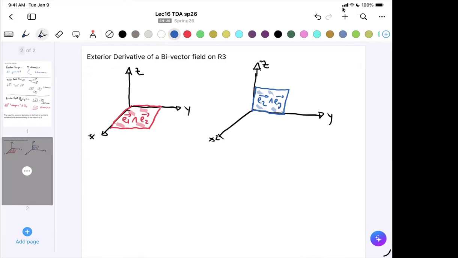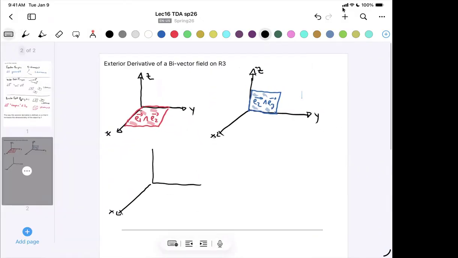And the last one lives on the XZ plane, or ZX plane, and this one would be called E3 wedge E1. I'm just moving cyclically.